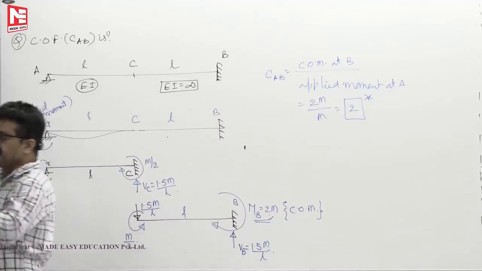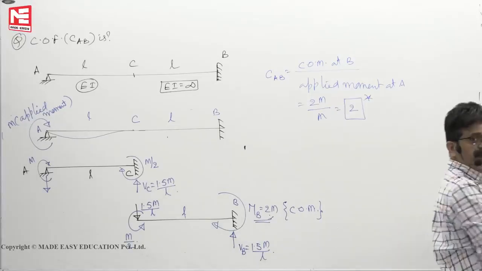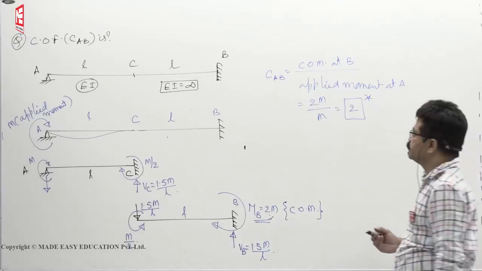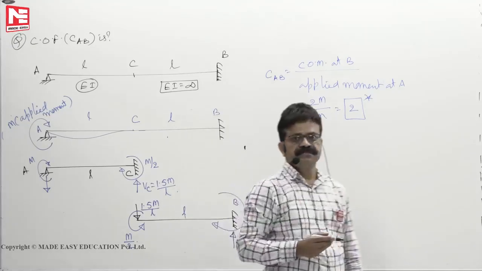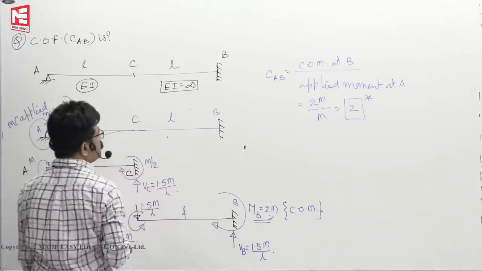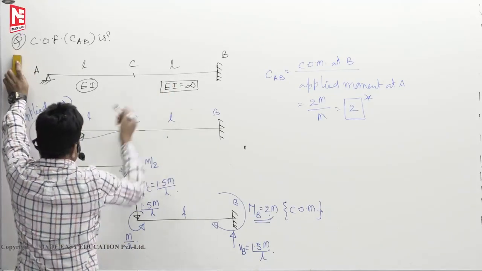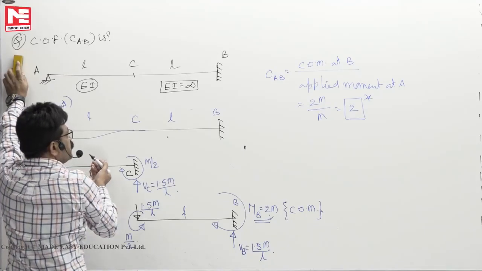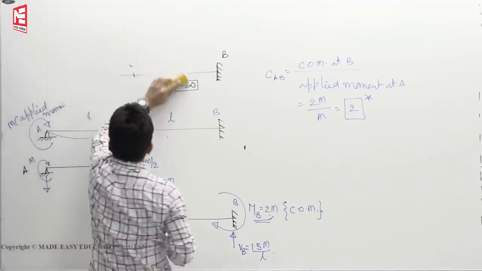Okay, now let us see that question. Now, if you reduce the stiffness, the carryover moment will be less than M by 2. This I remove now.